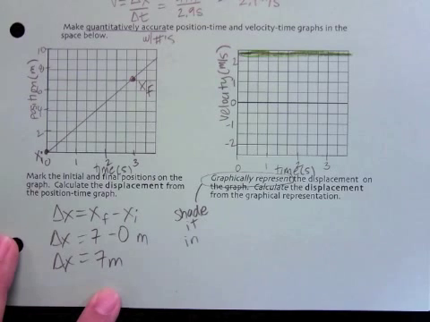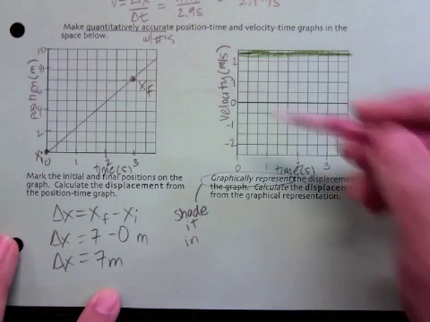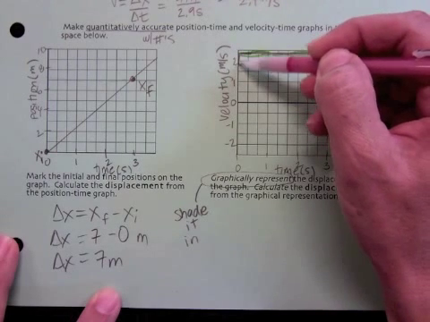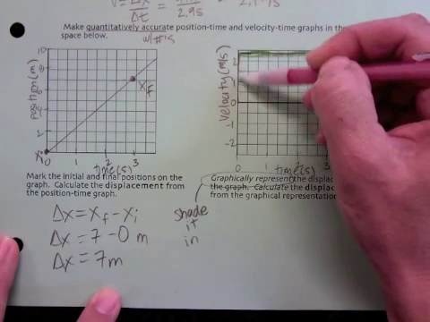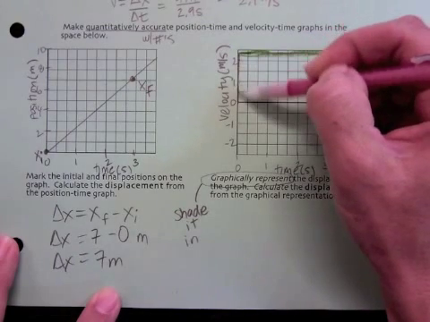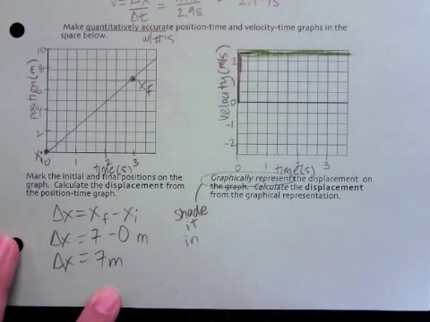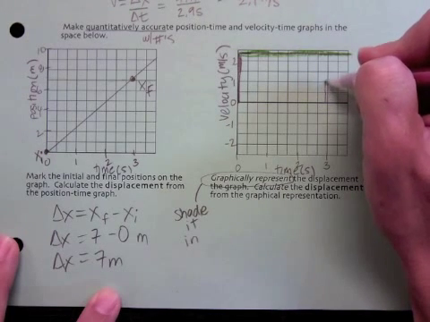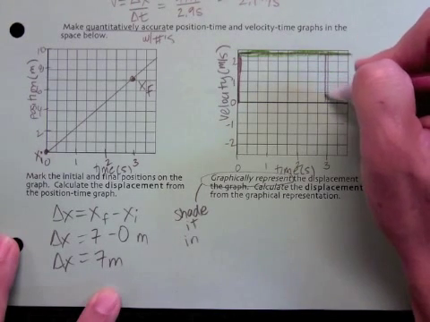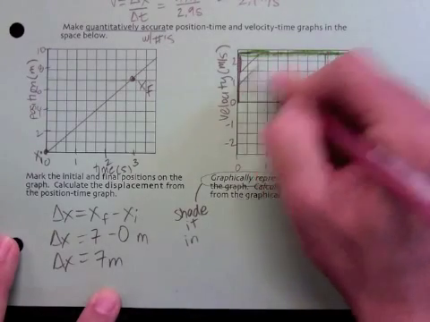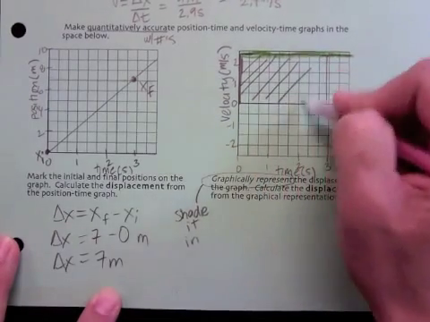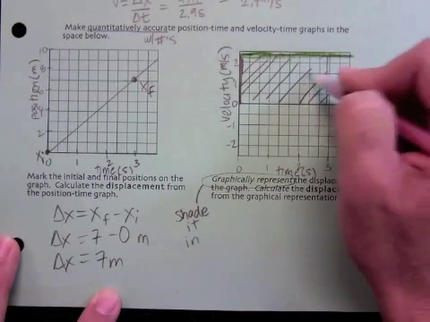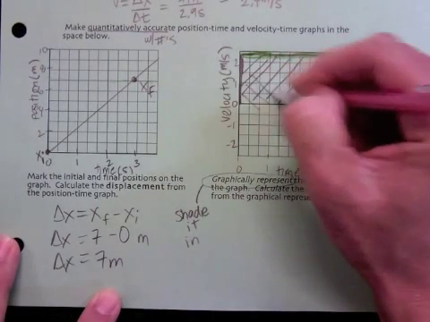Well, you're going to be shading in from the time that you started, time 0, to 2.9 seconds. So we find 2.9 seconds, something like that. And I shade in from my 0 velocity line all the way up to the line of constant velocity that I drew.